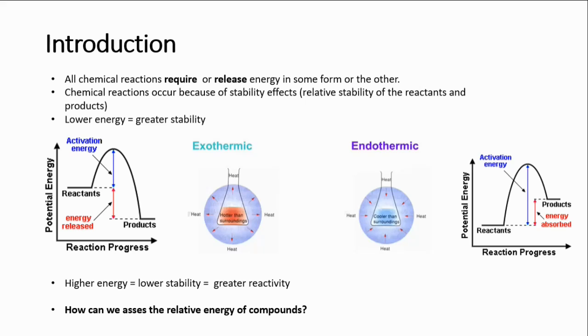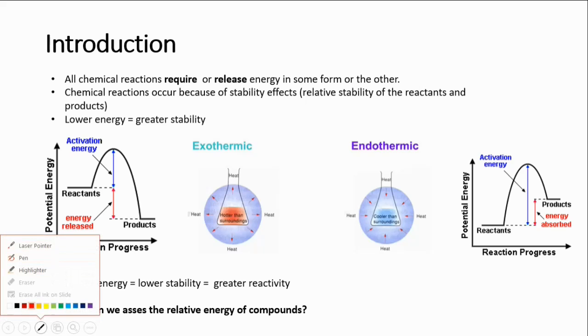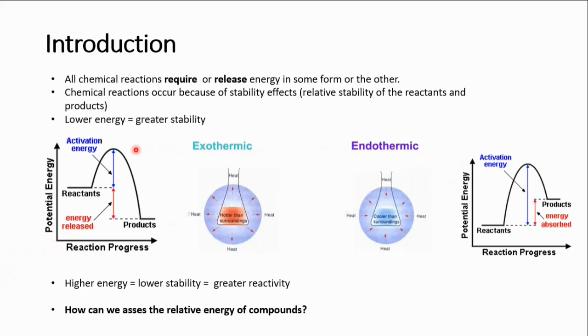Now, as you can see here, and let me just get a laser pointer here. As you can see here, our reactions can be classified as either exothermic or endothermic. The thing is that all chemical reactions are both exothermic and endothermic at the same time. How is that possible?